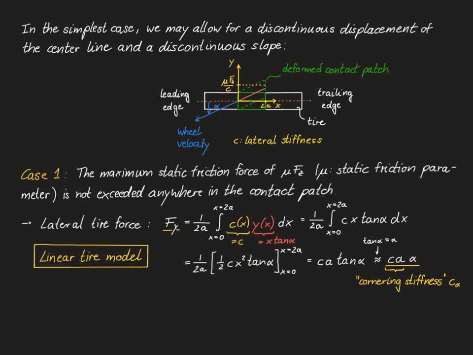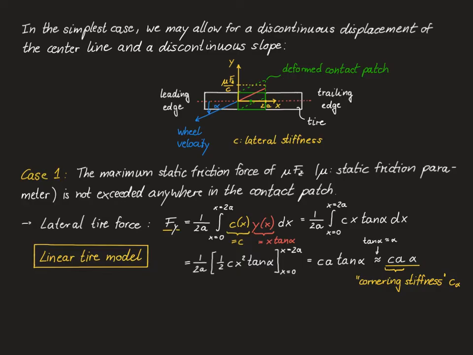So what we have obtained here is actually our first tire model, where the lateral tire force is proportional to the slip angle of the wheel alpha. The proportional coefficient C a is combined into a single constant, which is called the cornering stiffness, and it usually carries the symbol C alpha.